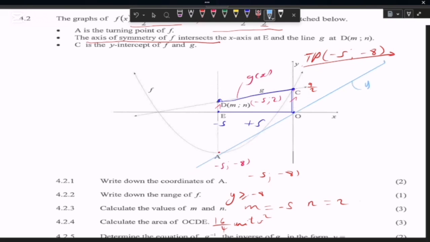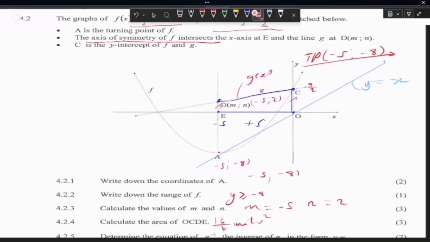So this is the line, y is equal to x. Now, if I take this graph, the graph of g, and then I flip it over this line, what is the equation of the graph that I will get?